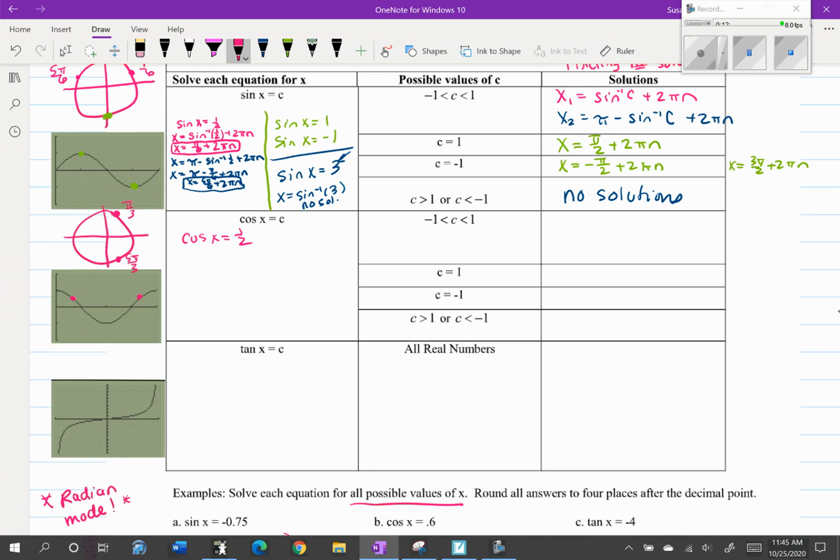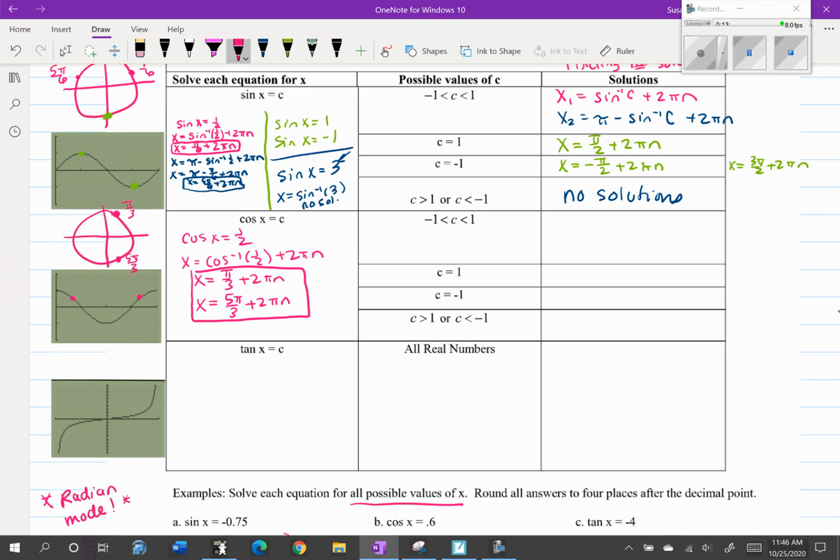To find our solution, if we do the cosine inverse, so x is equal to the cosine inverse of 1/2 plus all our coterminal angles, 2 pi n, we would get x equals pi over 3 plus 2 pi n. And then the second solution, we can see from our unit circle, x is equal to 5 pi over 3 plus 2 pi n. So the question is, when it's not something on our unit circle, how do I get that second solution?